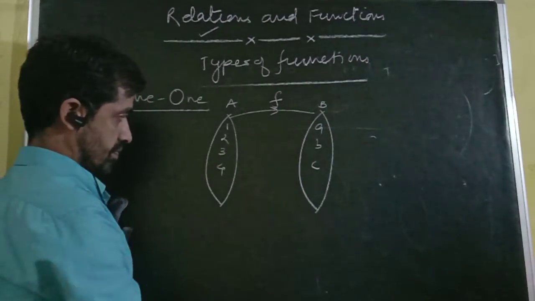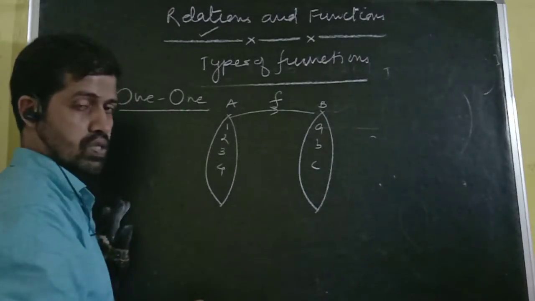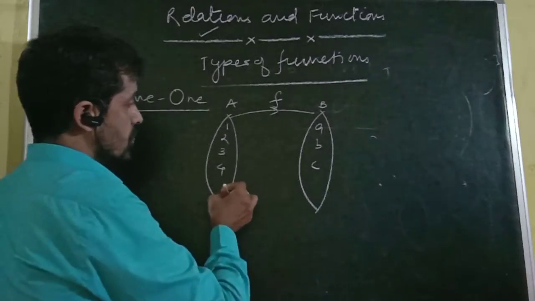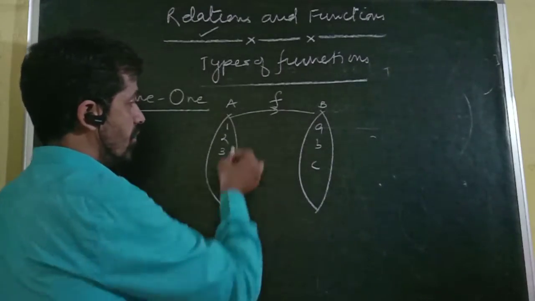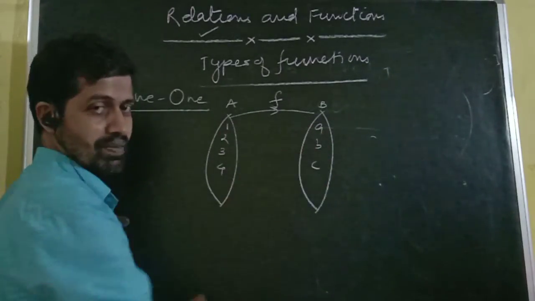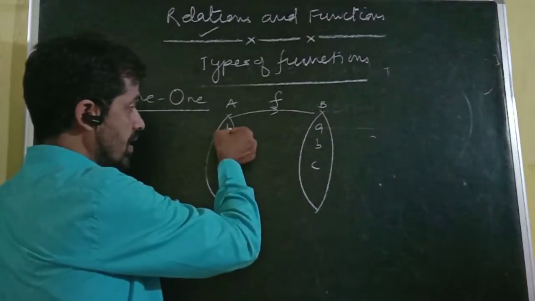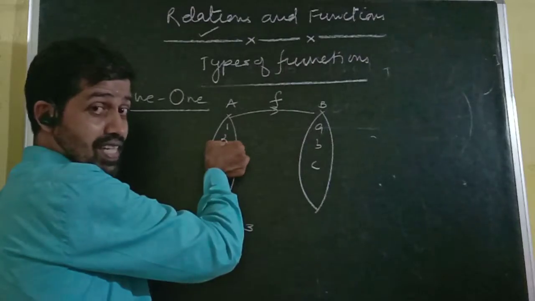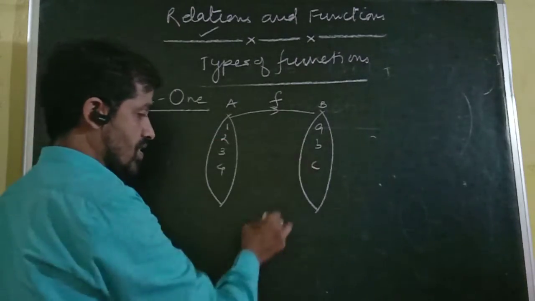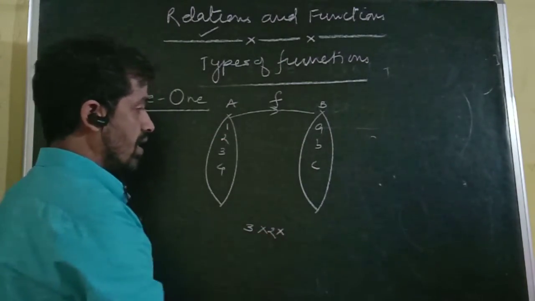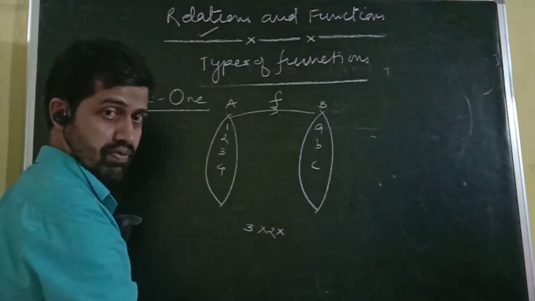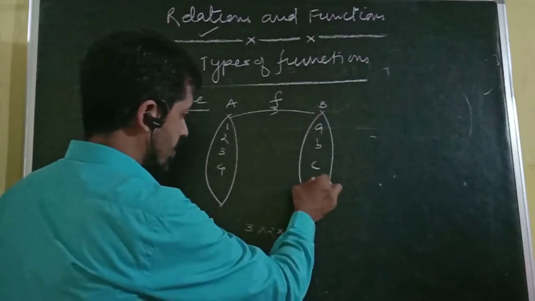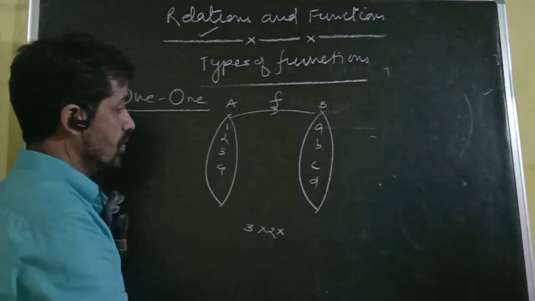Understand the concept of how to find out the number of one-one functions. So the concept is that 1 can be related to any of the 3 elements. That means for 1 we have 3 options. Then for the next element we have 2 options. For 1 I keep D here also.